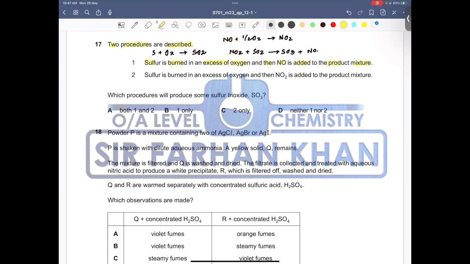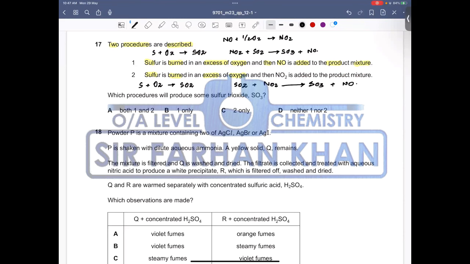That's what we have done in the class, by the way. Sulfur is burnt in an excess of oxygen. So this reaction will remain the same in the second part of the statement. And then NO2 is added to the product mixture. This will remain the same again. It doesn't make any difference actually. Let's see what he is going to ask. Sulfur dioxide, and if I introduce NO2 directly, obviously this NO2 will serve as a homogeneous catalyst. It oxidizes sulfur dioxide into sulfur trioxide, which will later form acid rain, and reduces itself.